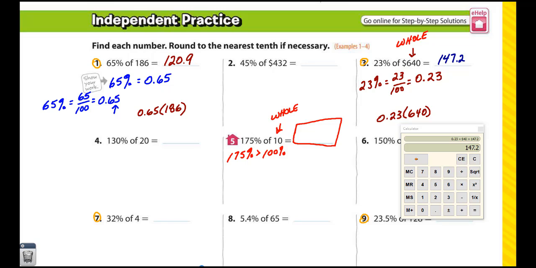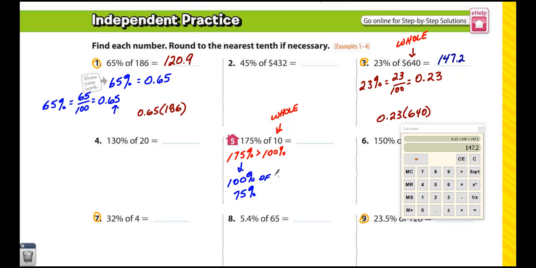So let's take this problem and let's think of that 175 percent, and let's break it down. That's 100%, and it's another 75%.